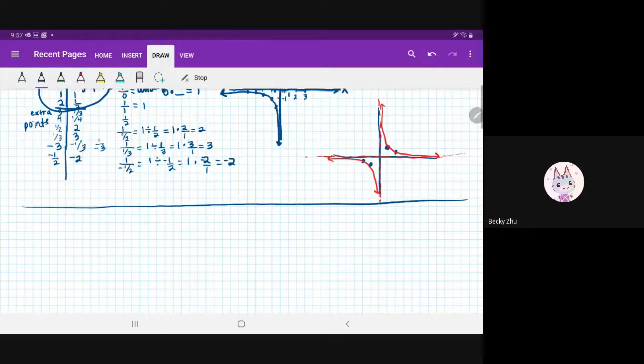So the next one, we'll graph y equals 1 over x minus 2 plus 4.